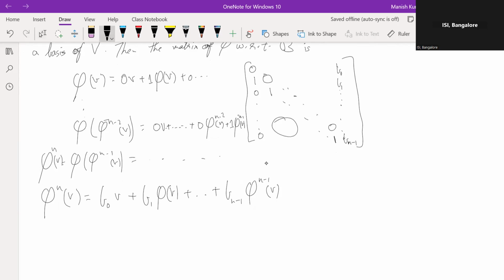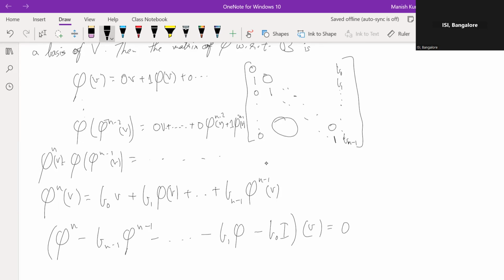So the point is, if you consider the characteristic polynomial, so you look at this phi n. It's related to the characteristic polynomial, though not really. So you consider phi n minus b n minus 1 phi n minus 1 minus, and so on, minus b1 phi minus b0 identity, and evaluate it at v. Then you get 0.